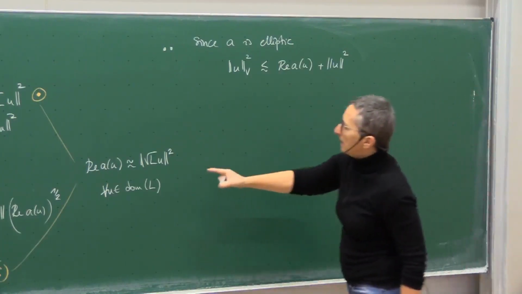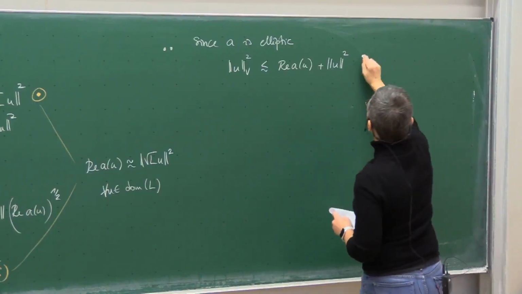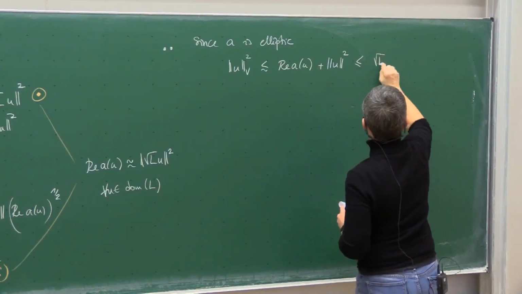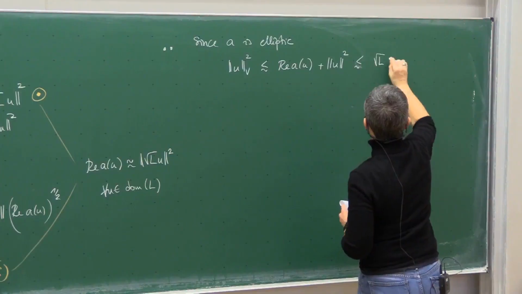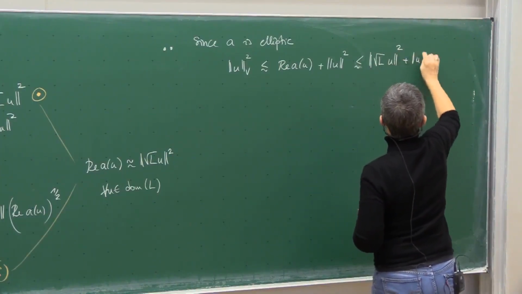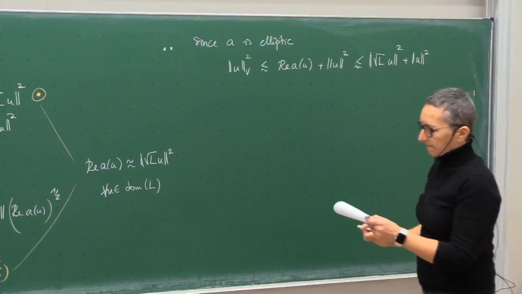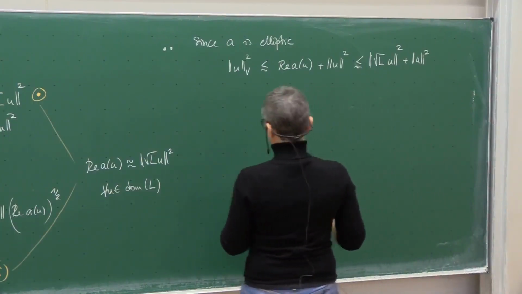And since I have this, now I know that this is smaller than or equal to square root of L of u squared plus u squared.